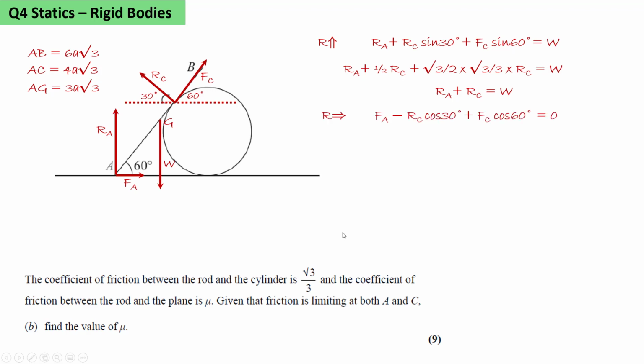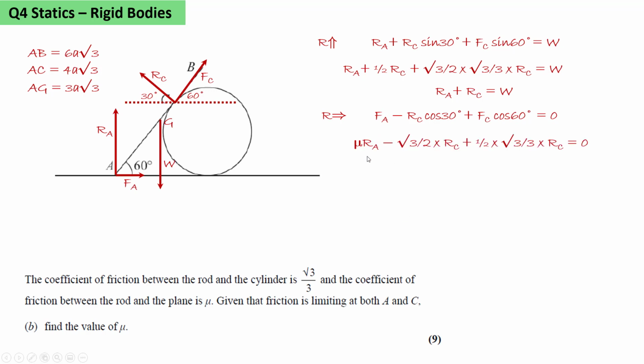Resolving horizontally, the horizontal forces, the friction FA minus RC cos 30 plus FC cos 60 will balance to be 0.